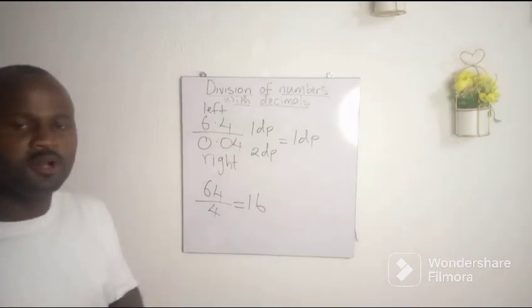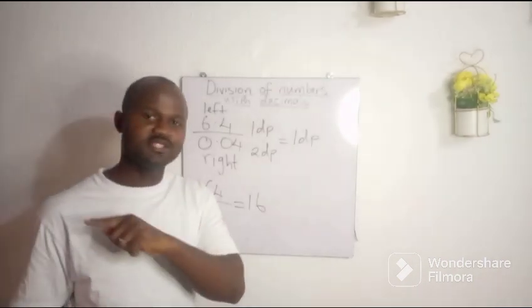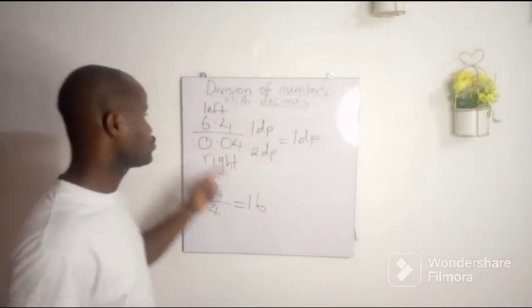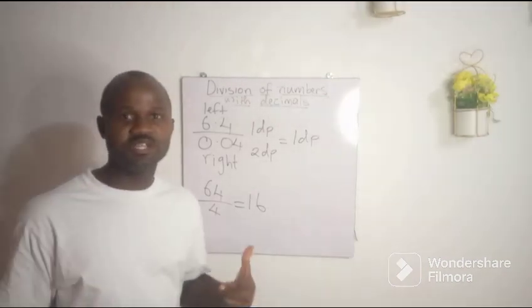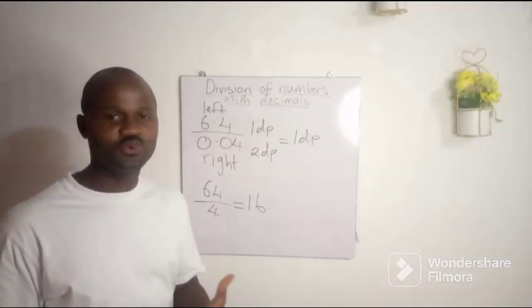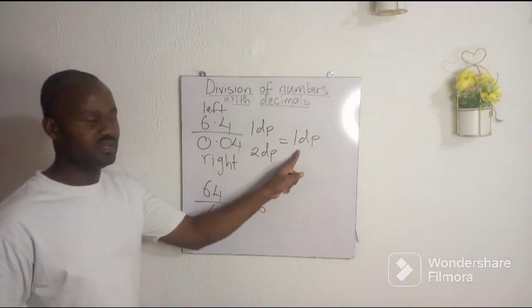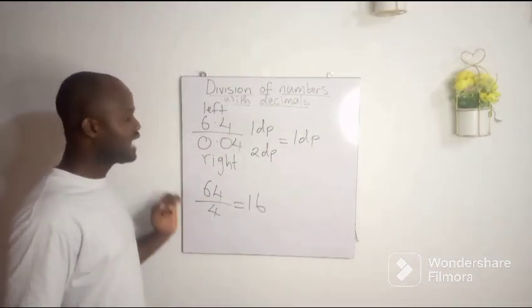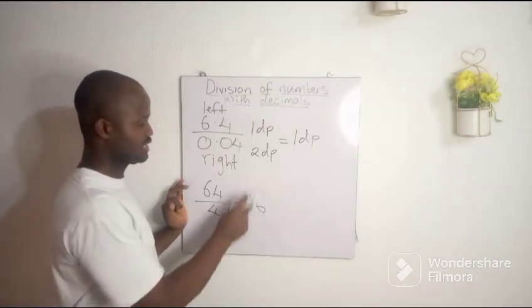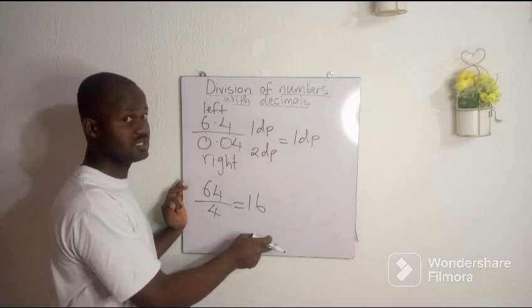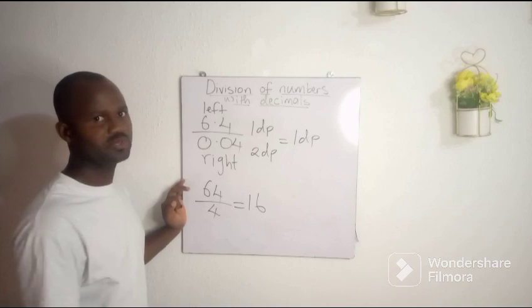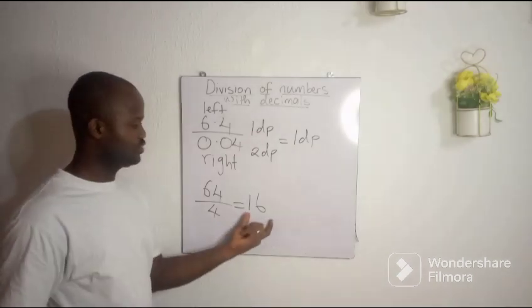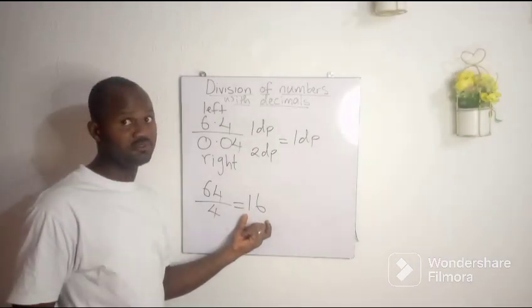Very simple. But 16 is not the answer to 6.4 divided by 0.04. So what do we do? We come back to what we did here. 1 decimal place. So we are going to move the point that we can see in 16 1 decimal place. First of all, can you see any point in 16? Let me wait for you to think.